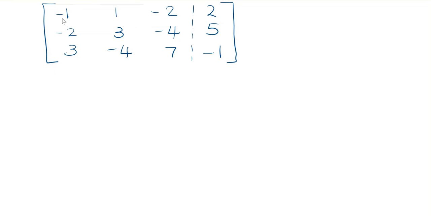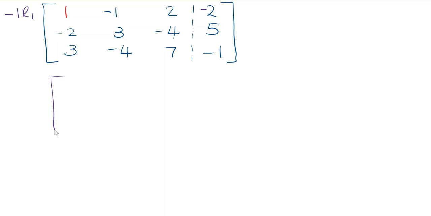Okay, so we need to change our -1 in our first row, first column, to a 1. I can do this by multiplying row 1 by -1. So -1 times row 1. I'm going to change this value here, so this is going to become 1. -1 times 1 will be -1, so this will become 2, and this will be -2.